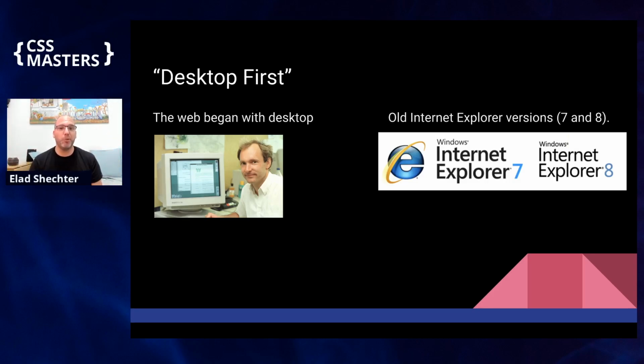In this way, it still works on IE7 and IE8. But for mobile devices, you write media rules with all the overrides that change the style from a desktop device to a mobile device. And in this way, we can support both devices as well. Those are the reasons why the desktop first methodology exists.